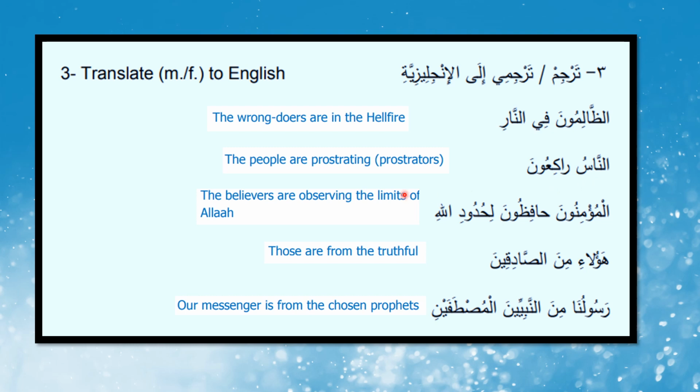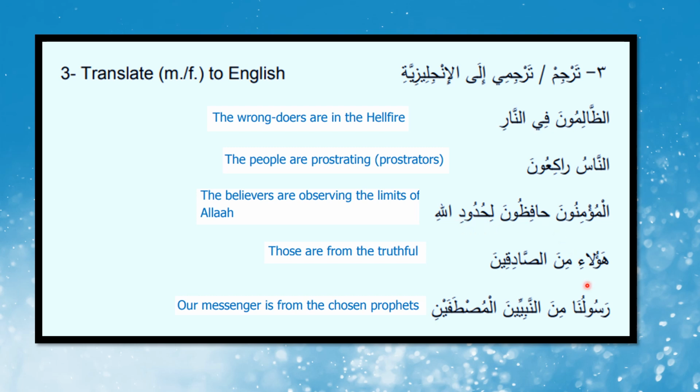So the people are bowing, or they are the bowers. Raki'un is the Jama Muzakkar Salim. Zalimun is also Jama Muzakkar Salim. Al-mu'minuna hafizuna li hududillah. So the believers are protectors of the limits of Allah.